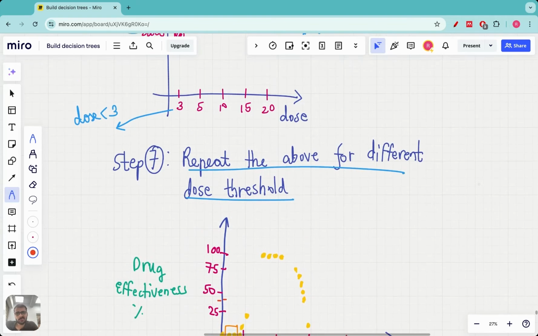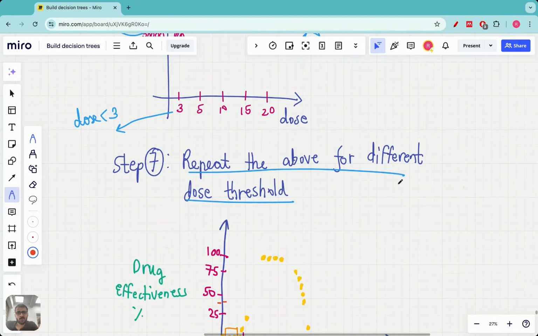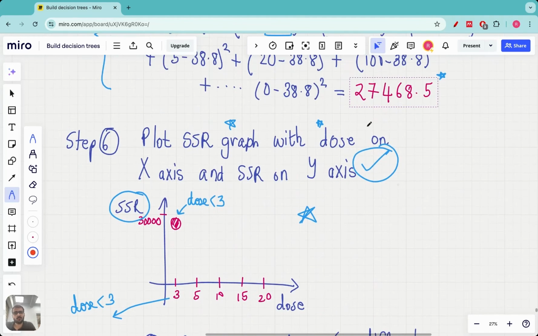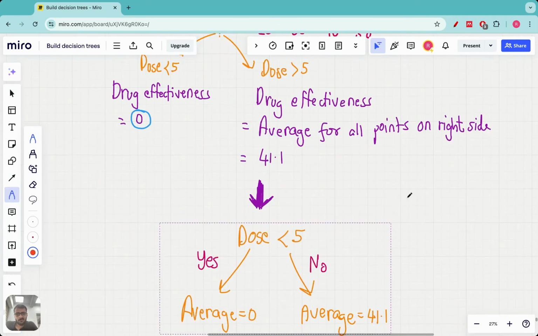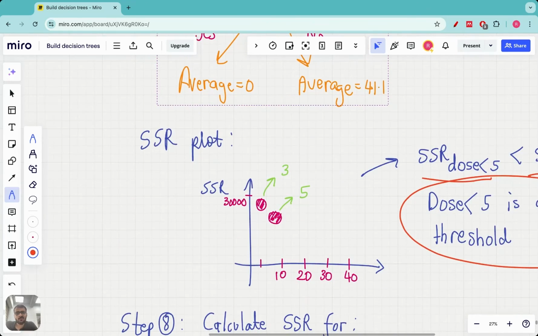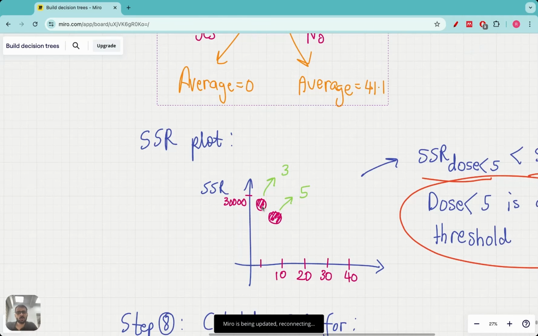Remember, we found this SSR value to be equal to 27,468.5, but we did not know whether it's high or whether it's low. But now we have a comparison point. We see that if we do the same thing for dose less than 5, the dose less than 5 SSR is lower than the dose less than 3 SSR.